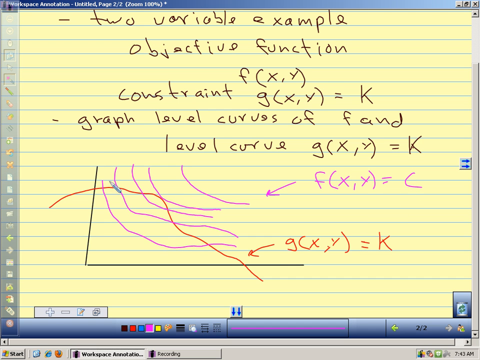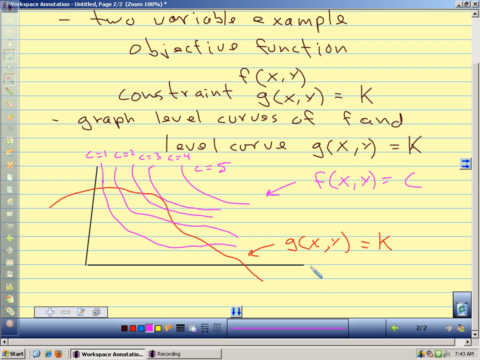We're going to say that this curve is constant equals 1, constant equals 2, constant equals 3, constant equals 4, and constant equals 5. So looking at these curves, we're optimizing the purple function f of x, y subject to the constraint g of x, y equals k.